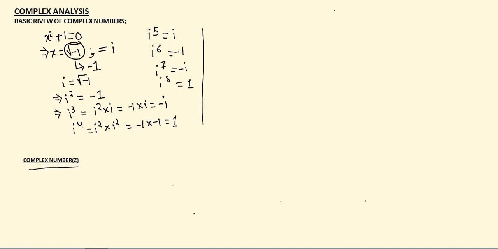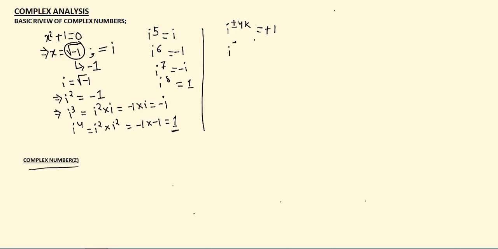Now generalizing, we can write i to the power plus minus 4k equal to plus 1. If you put k equal to 1, we will have i to the power 4, and its value is 1.